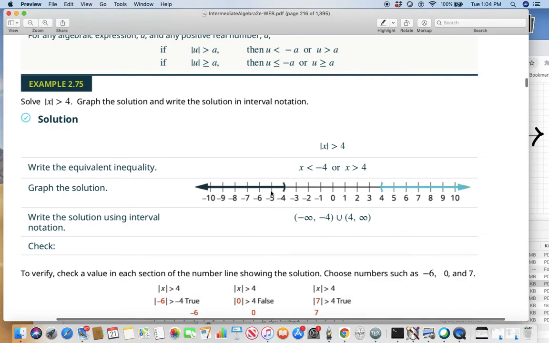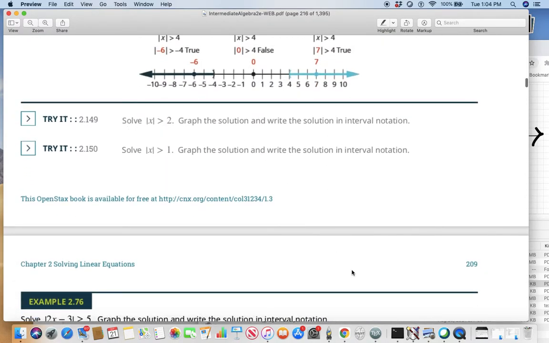So you have two intervals, one which starts at negative infinity, which is not a real number, so it's open: negative infinity to negative 4. And then you take a break and start at 4 and go on to infinity. When you take a break, you are essentially doing what is called union. Union means you're taking more. In English, this represents or.